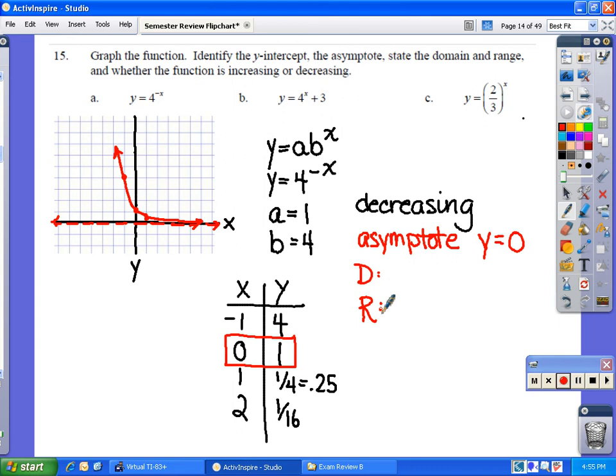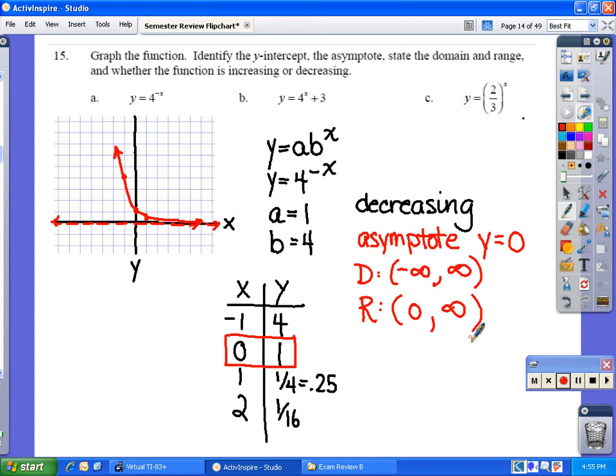On the right, it's going down, and it's also going to the right, both forever and ever. So -infinity to the left, +infinity to the right. Our range is limited on the bottom. Remember, it's approaching 0, never reaching it. So our lower end would be 0, but not included in the range, and our upper end would be infinity.